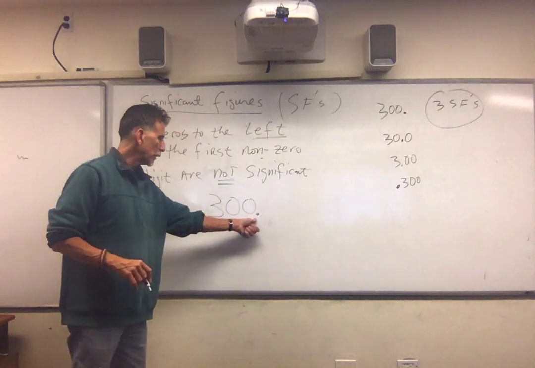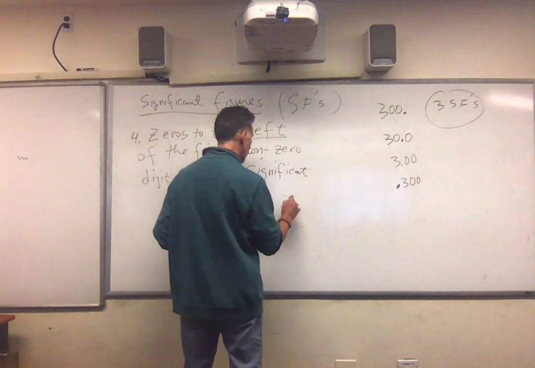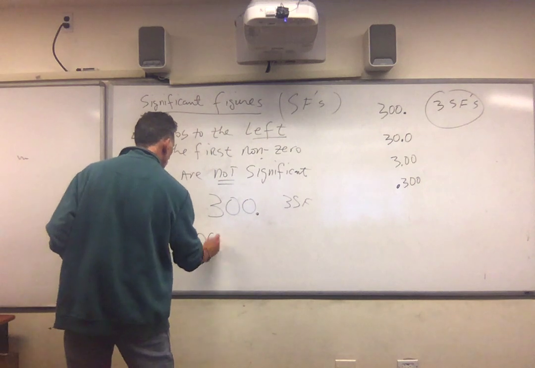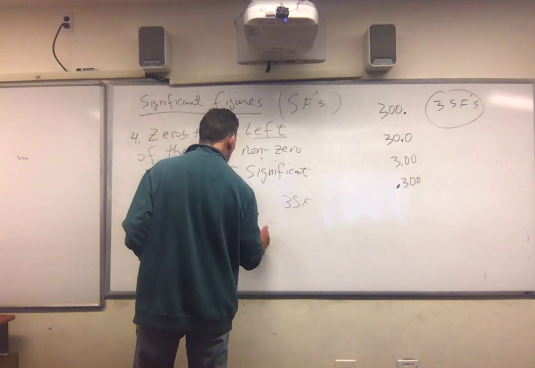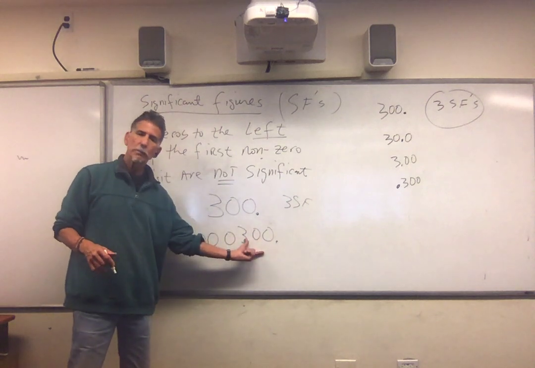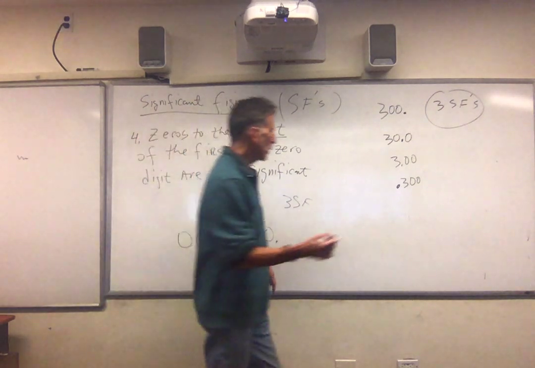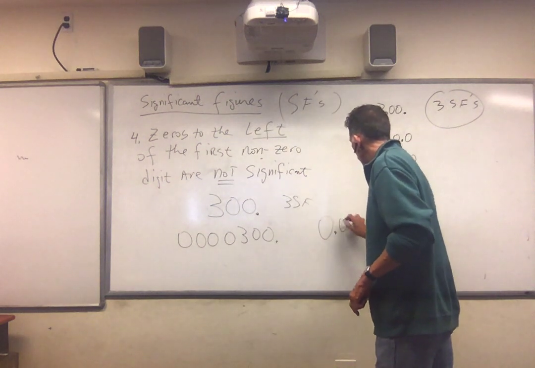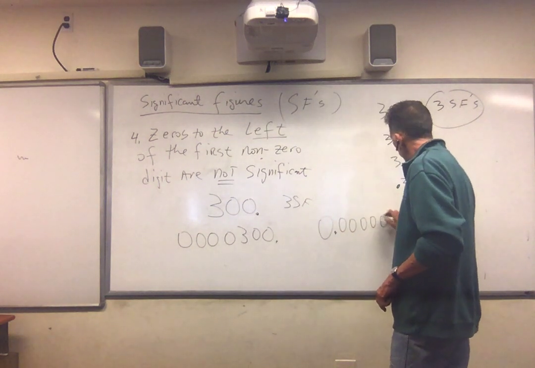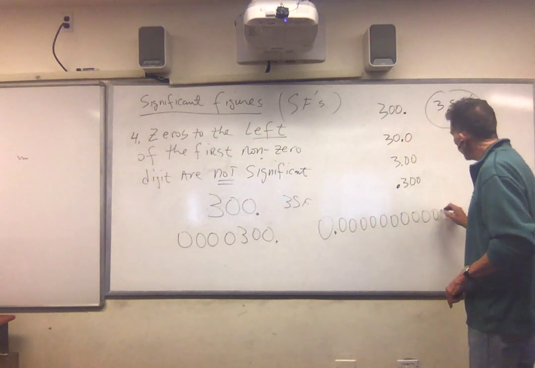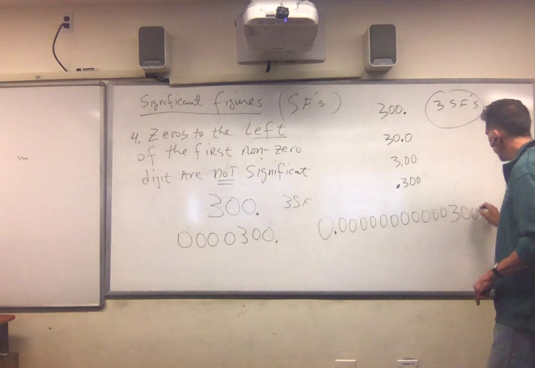Well, trailing zeros, decimal place, 3 significant figures. If I rewrote this as 0.000300, 3 significant figures. What if I did this? 0.0000300.